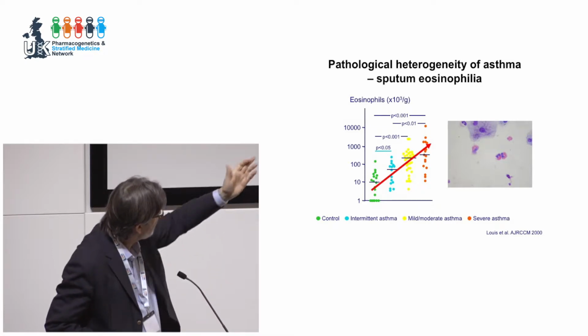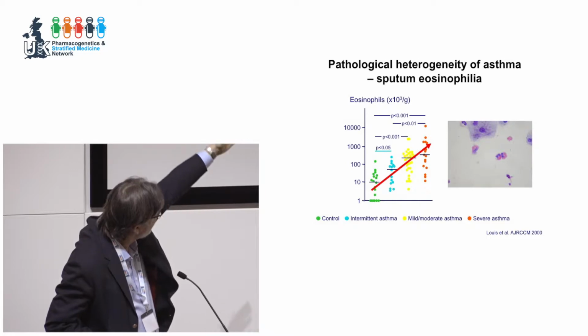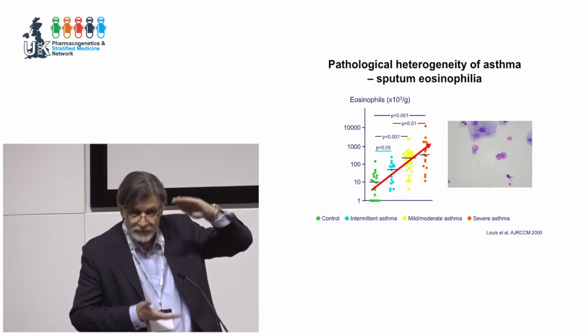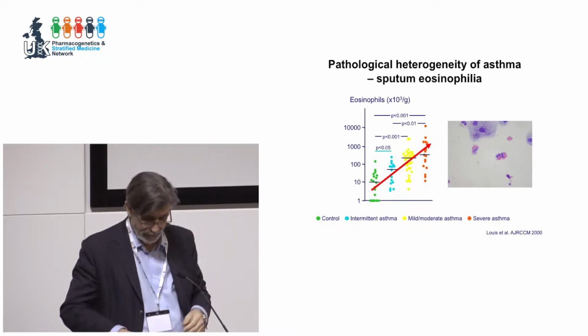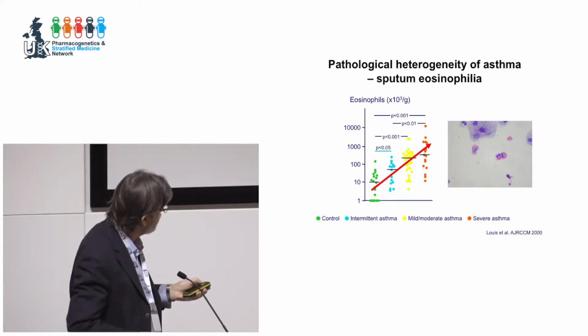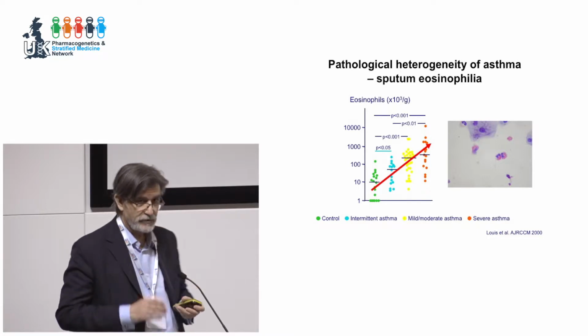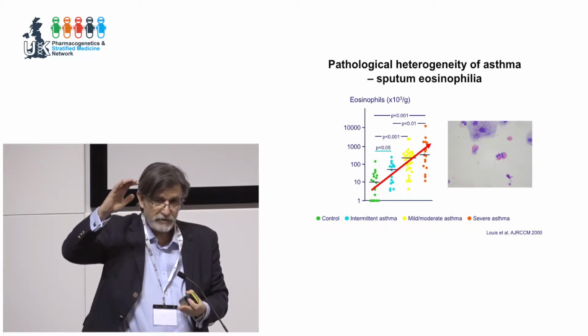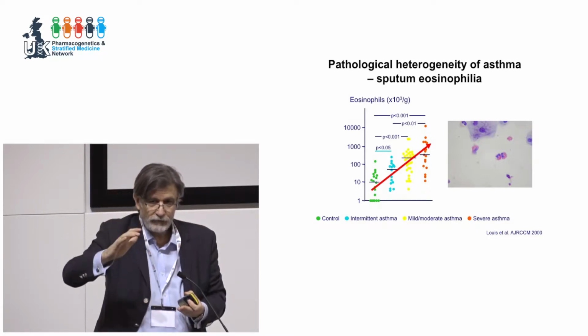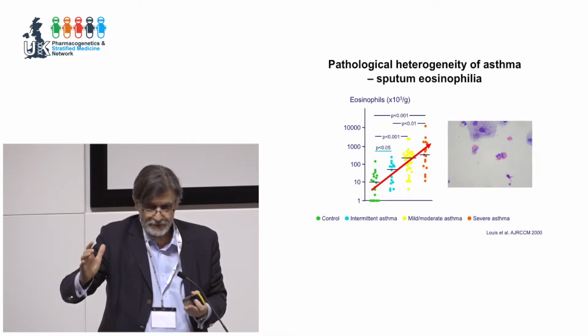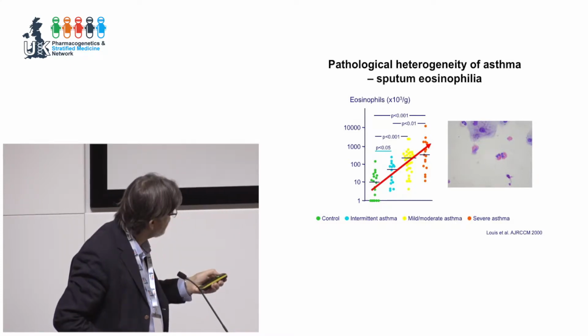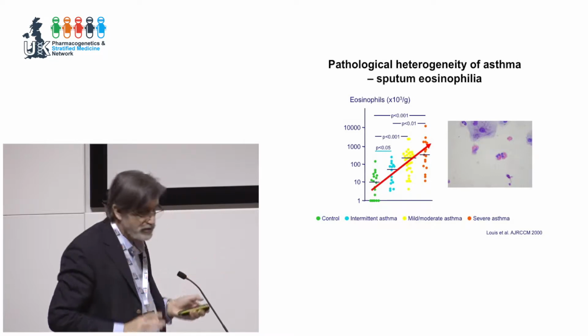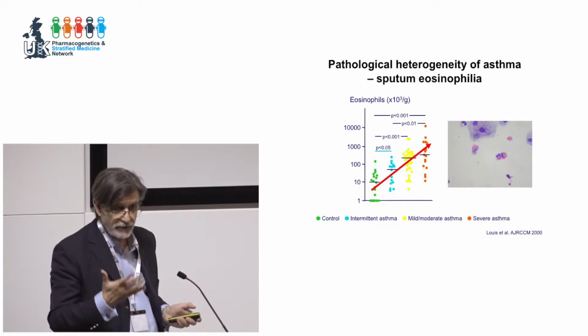But what you have to observe there, this is a log scale, and you see the enormous heterogeneity within each category. So if I draw your attention to this individual here and to that individual at the extreme ends of the spectrum, you've got to realize that these are different diseases. Now, they both happen to be on similar treatments, including oral steroids.